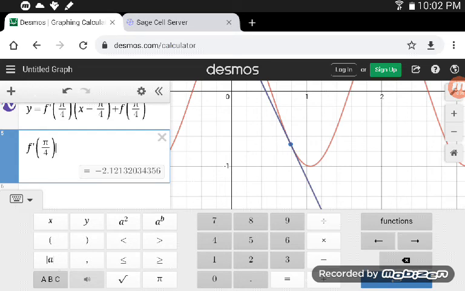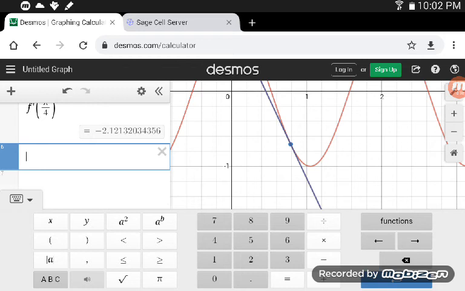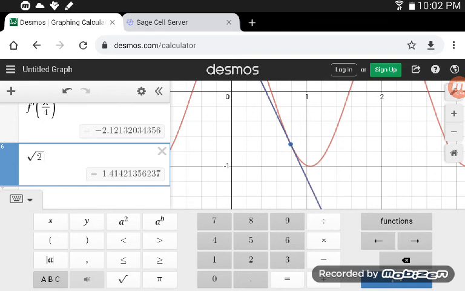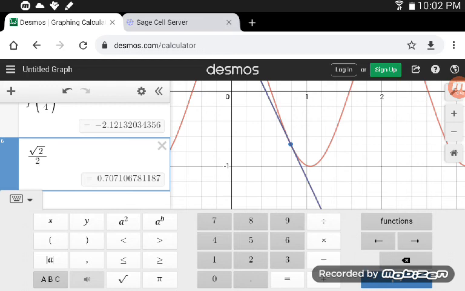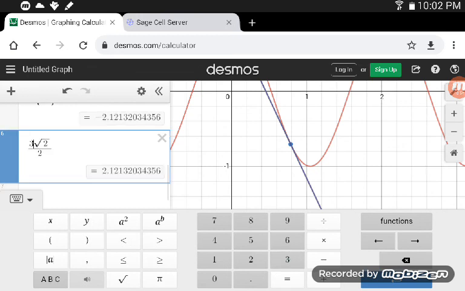If you wanted to check that, just do the square root of 2 over 2. So square root of 2 divided by 2. Oh wait, it was 3 times that. Sorry, put that 3 out in front. And there we go. I didn't have the minus sign in it, but you can see the numbers are the same.